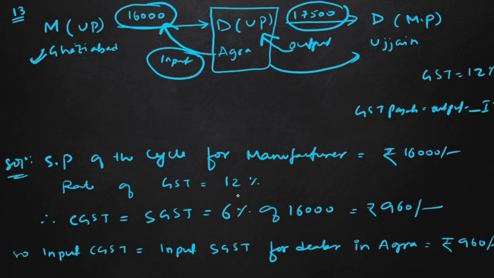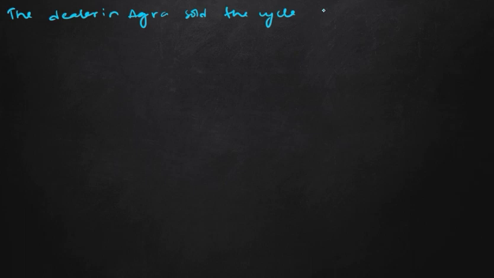So we have calculated the input. Now we have to calculate the output so that we can find the GST payable. Okay, let us move to the next slide. Again, what has the dealer done? The dealer in Agra sold the cycle to the dealer in Ujjain.